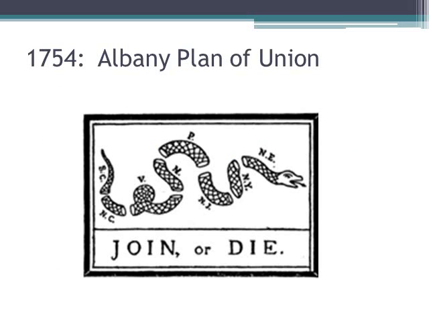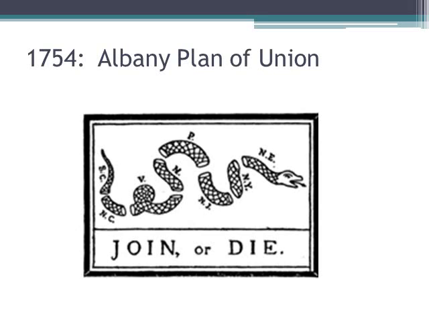In fact, the French and Indian War really plants the seeds for the American Revolution. Even before the war began, the colonists had a sense that they were going to need to unify and protect their interests. And they attempted this through a plan known as the Albany Plan of Union that Benjamin Franklin proposed.